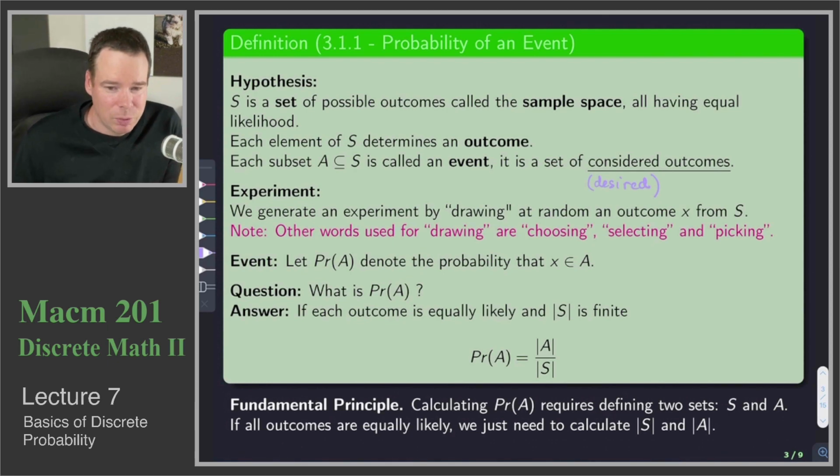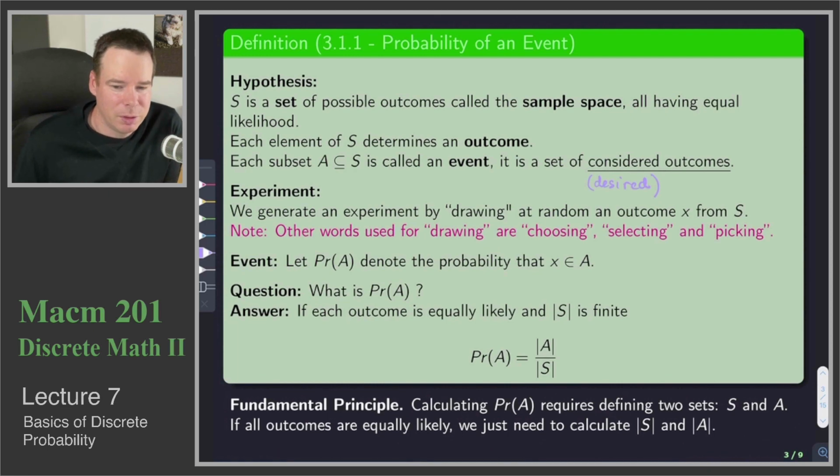If each outcome is equally likely, and the sample space is finite, then the probability is just computed by the size of the event space over the size of the sample space, or the number of desired outcomes over the size of all possible outcomes.